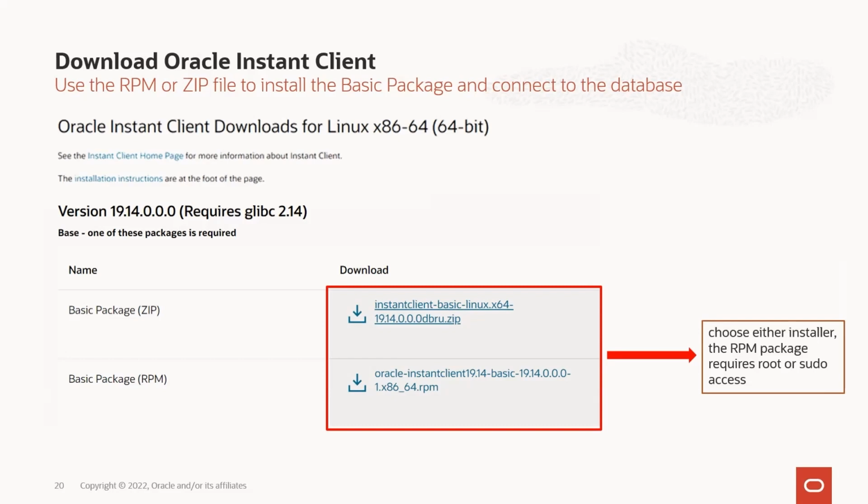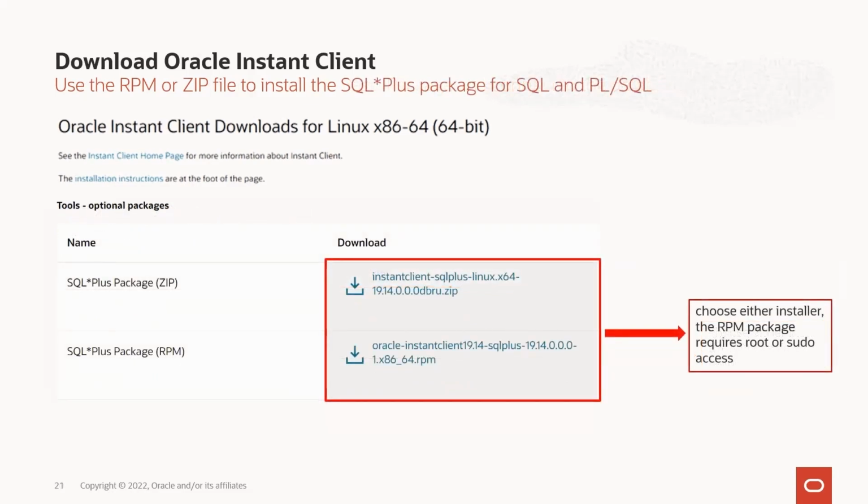Just understand that if you choose to install via RPM, you do need root or sudo access. You may also optionally want the SQL Plus package if you plan on connecting using SQL. You can download that from the same page under Tools, Optional Packages. And again, if you choose to install the RPM package, just know you'll need sudo or root access.